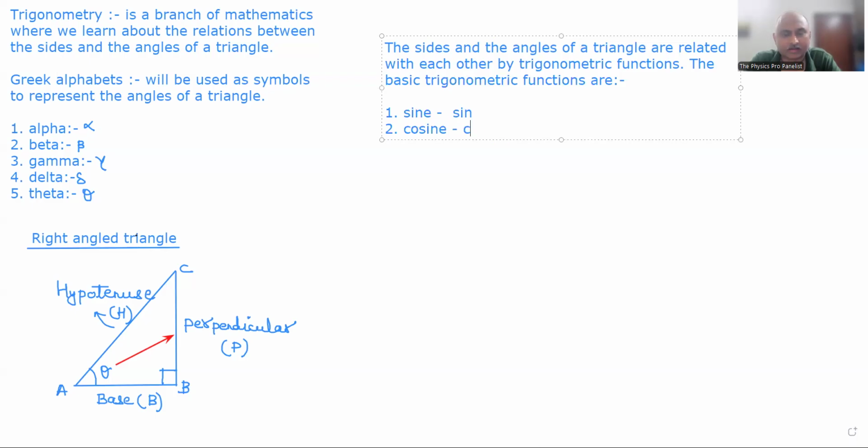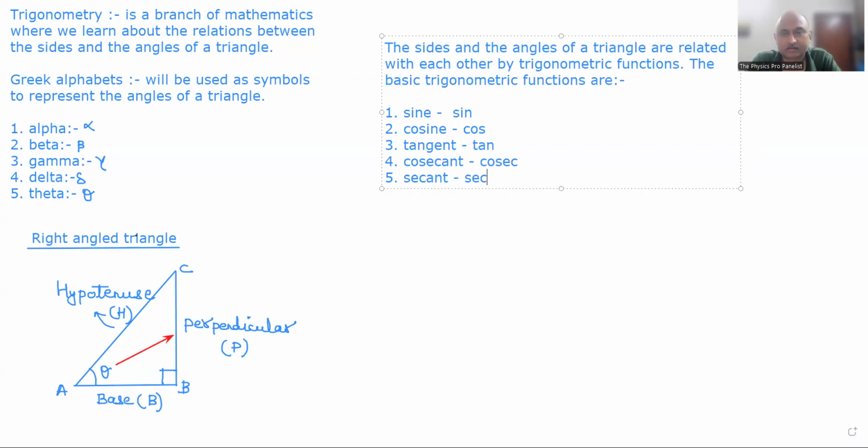Second is cosine. In short, it is written as cos. Please don't write it. I will give you enough time to write. So please 100% focus should be here. Okay. Third one is tangent. This is tan. Fourth one is cosecant. This is cosec. Fifth one is secant.